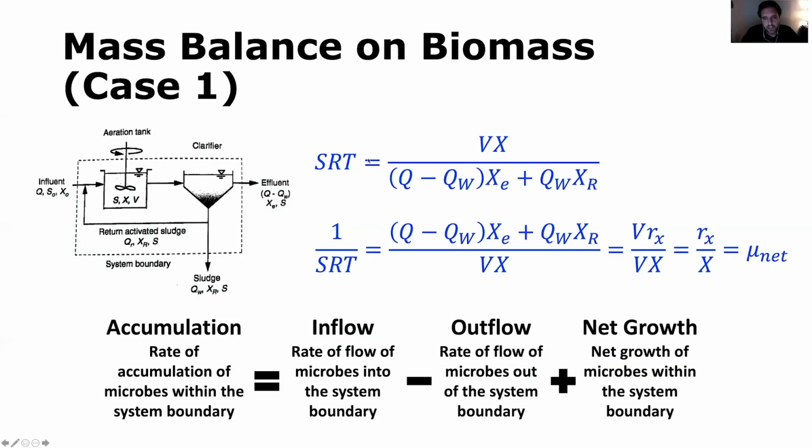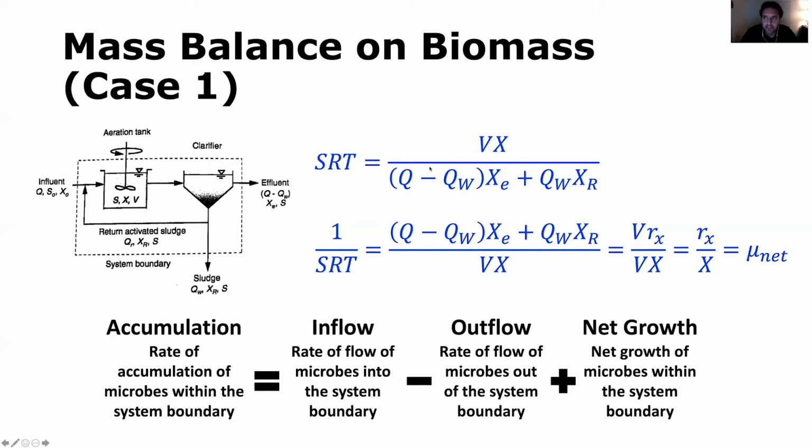So the solids retention time is equal to the amount of biomass in the aeration tank, V times X. That gives us a mass of suspended solids. We use suspended solids to measure biomass. So mass of suspended solids, and divide that by these terms below, which are the flow rate leaving the system multiplied by the concentration leaving the system.